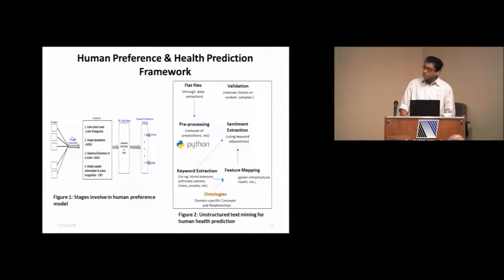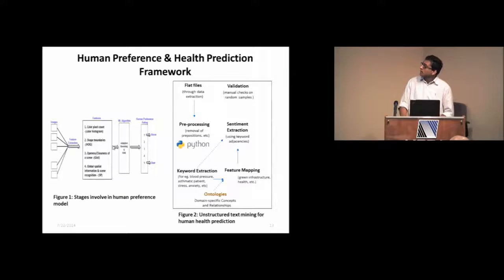We extract image features using 4 different computer vision algorithms which map human preferences through the study. And we built a supervised machine learning algorithm, an ensemble algorithm, adaptive boosting, and predict these ratings on a scale of 1 to 5, 1 being worst and 5 being the best.